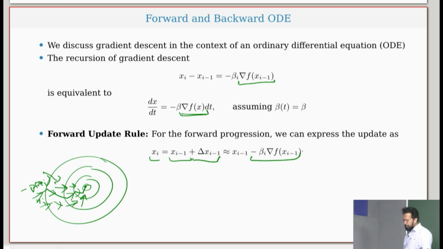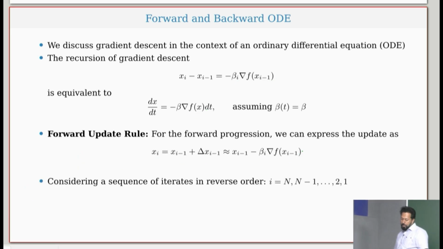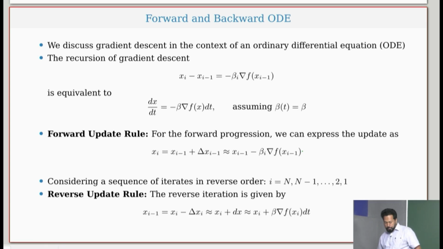Here we are talking about GD, not SGD, so there is no stochastic term right now. This is the update. If we now have to do the reverse case, then instead of plus delta, I will subtract delta x_i. So basically, where we had a plus here, we now have a minus.